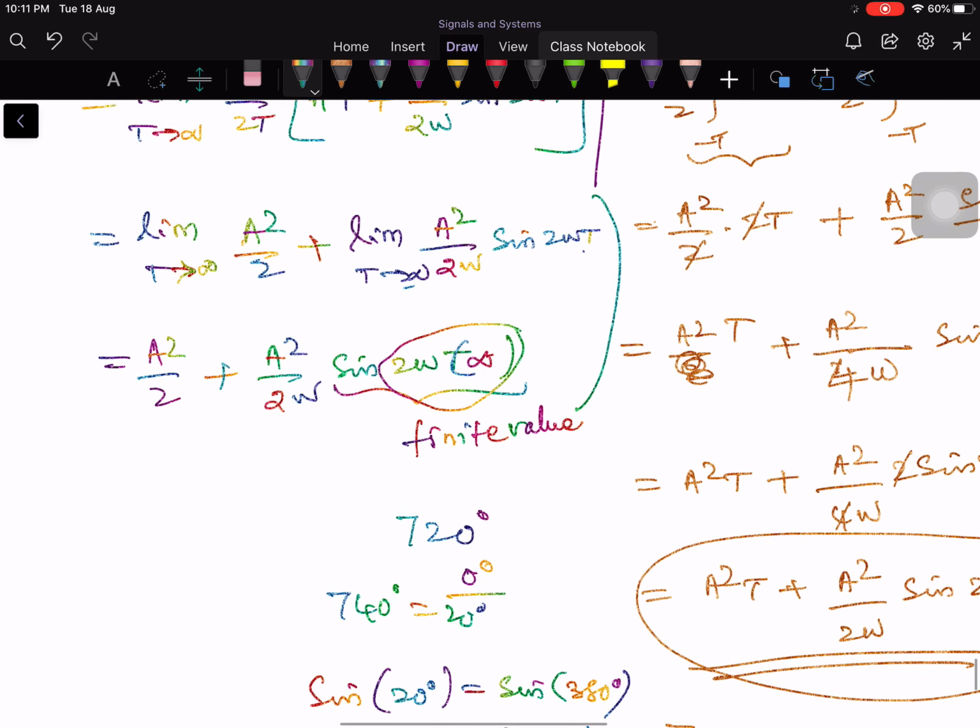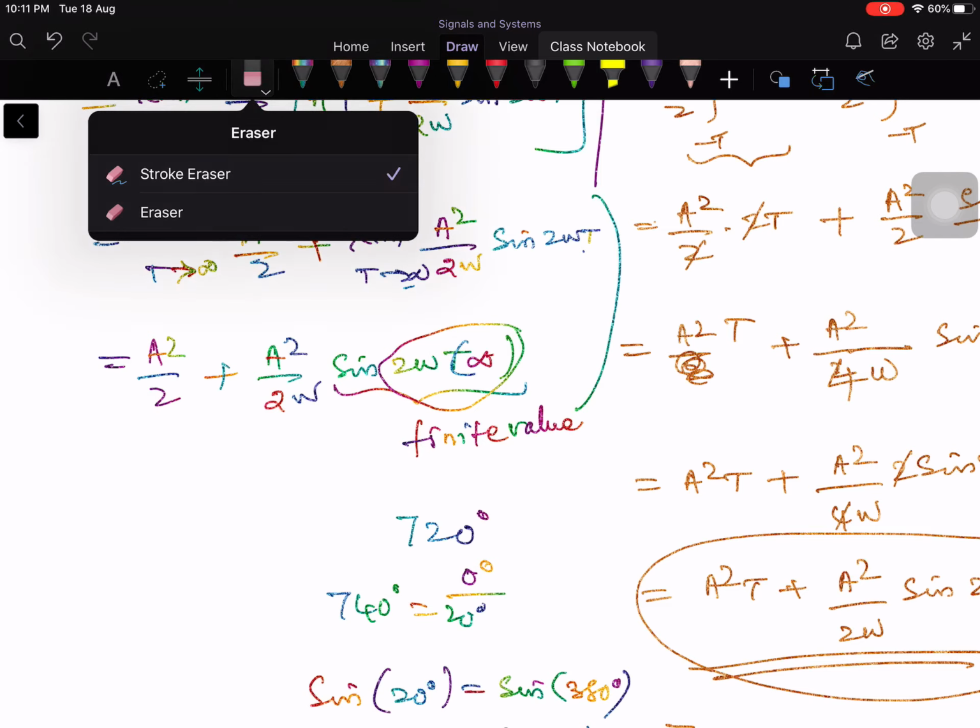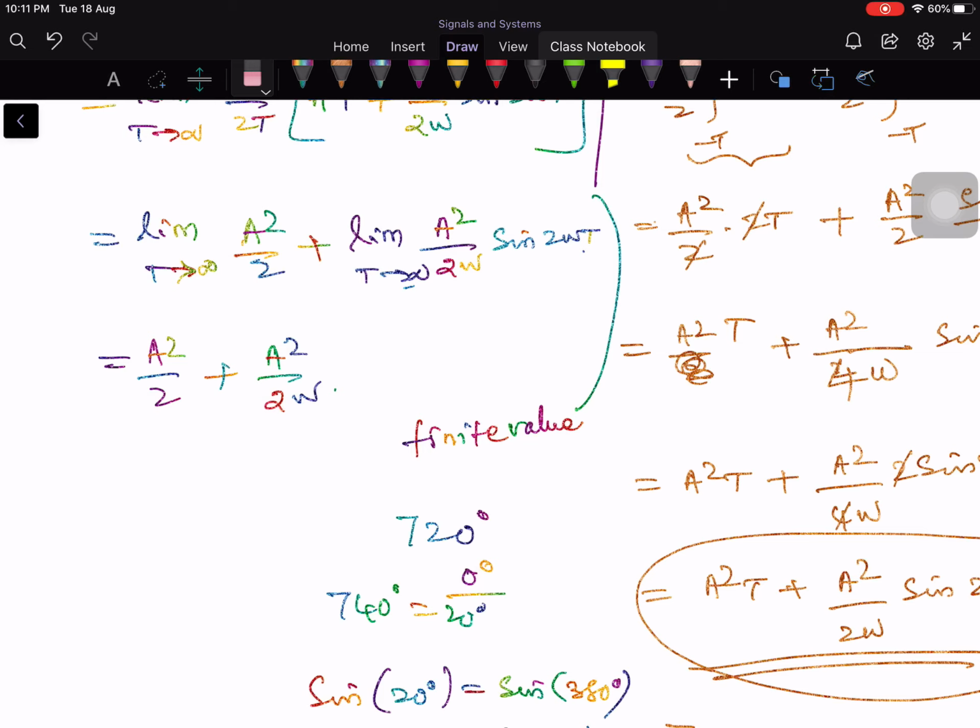One more point I missed out here, wait a minute. Limit T goes to infinity, then sine of 2 omega times infinity, that's it.